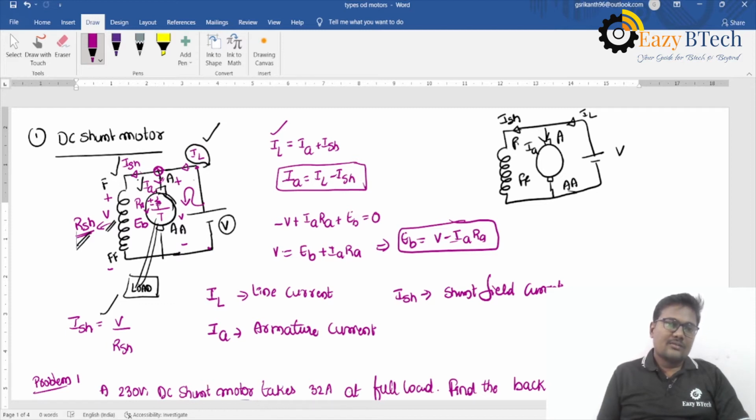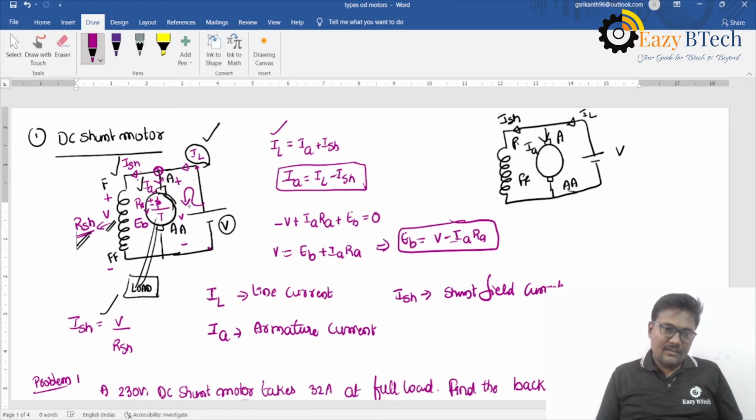Always the current flows from higher potential to lower potential. Now the back EMF and RA. Back EMF is the EMF induced in the armature conductors, and this is a counter EMF, and the armature winding has resistance RA.